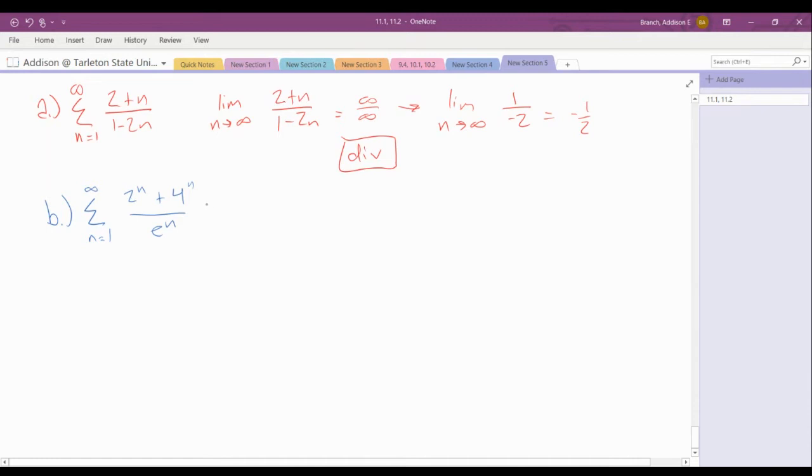This one's actually kind of nice because we can go ahead and split this one up to get us 2 to the n over e to the n plus 4 to the n over e to the n. All right, so now we can go ahead and rewrite these to get us 2 over e times 2 over e to the n minus 1.